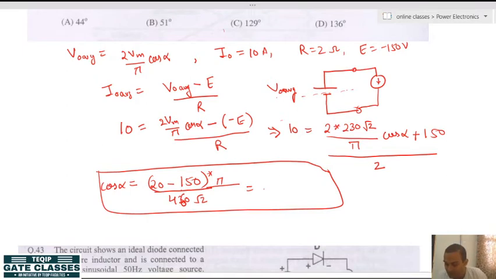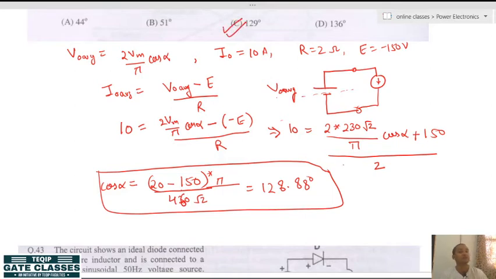It is minus 130 into pi divided by 460 root 2, and then take the cosine inverse. It is coming 128.88 degrees, which means approximately 129 degrees.